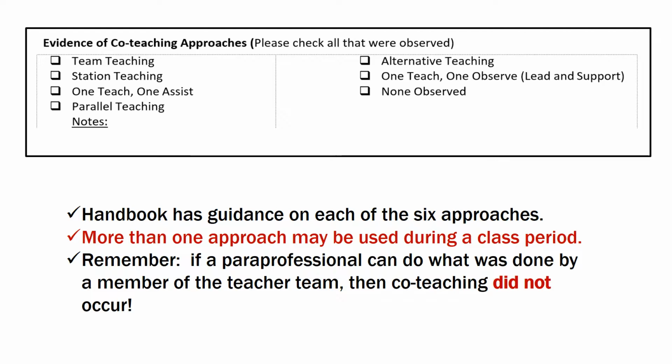Therefore, make sure that you mark each approach that you see. It's also possible for teachers not to display any approach. If you can answer yes to the following question: could a paraprofessional have done the same job as one of the team members today? Then co-teaching did not occur.